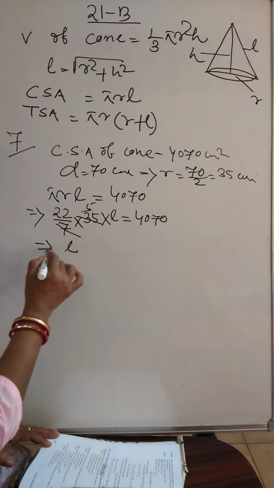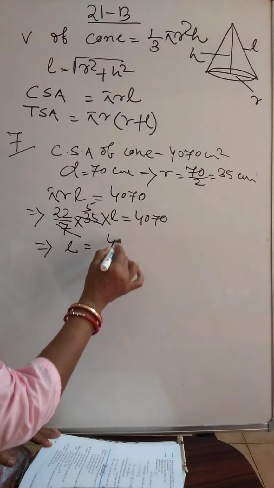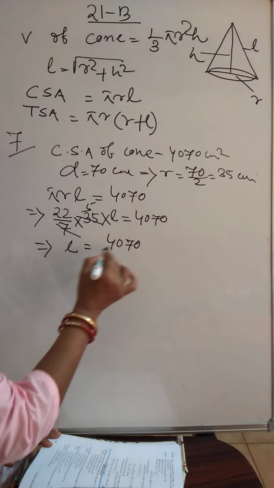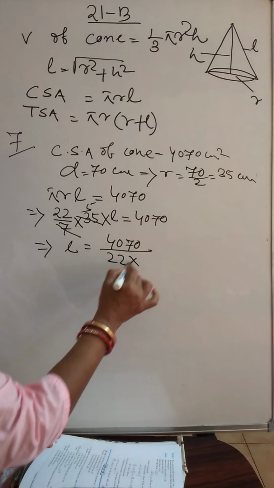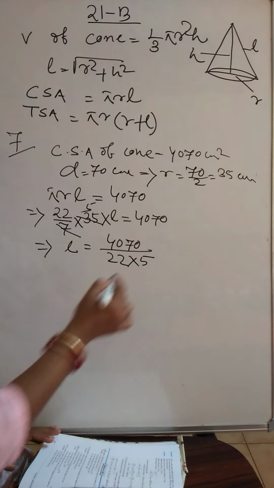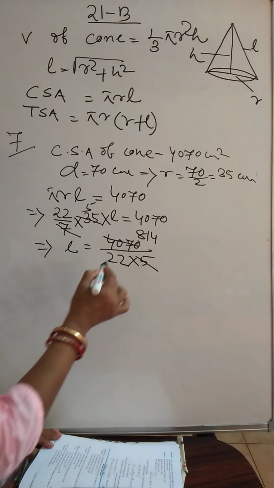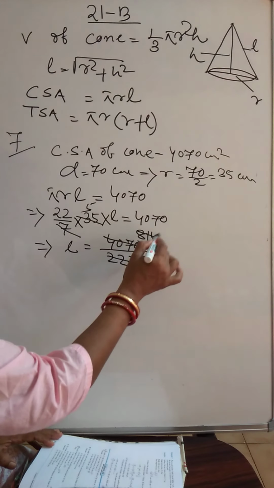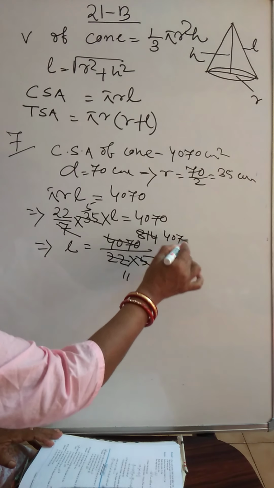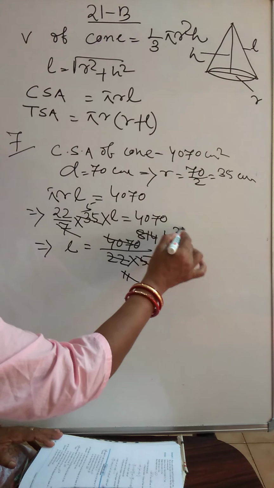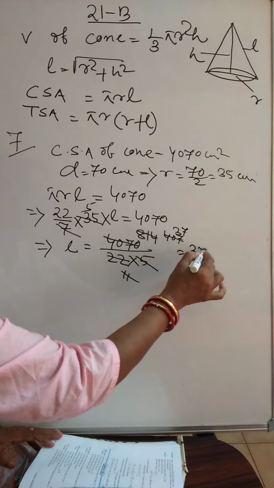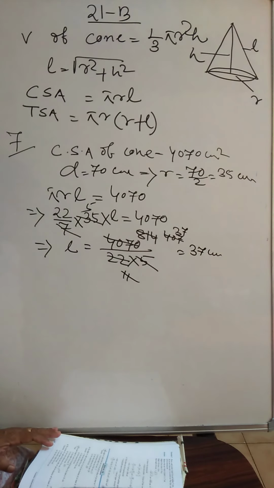L is equal to 4070 by 22 into 5. That is 407. This is 37 centimeter. This is the first bit.